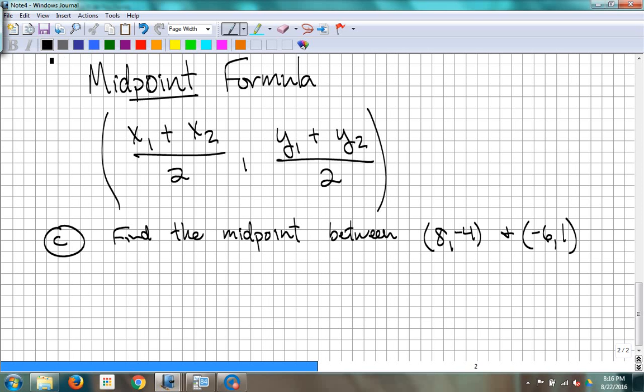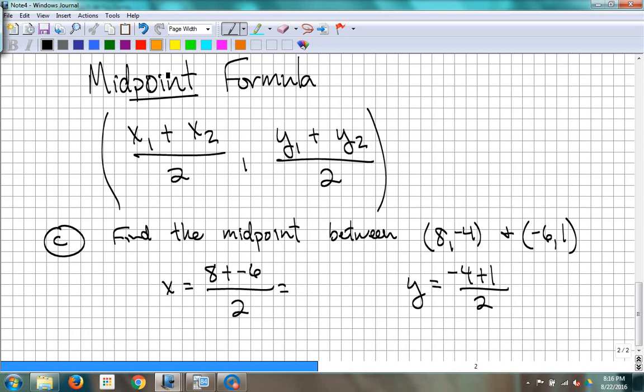I think midpoint formula is easier than distance formula. Okay. So to get the x value for a midpoint, we're going to add our x values, 8 plus -6, and then divide by 2. To get the y value for our midpoint, we're going to add the y values, -4 plus 1 divided by 2. Okay? And that's going to get us an ordered pair answer.